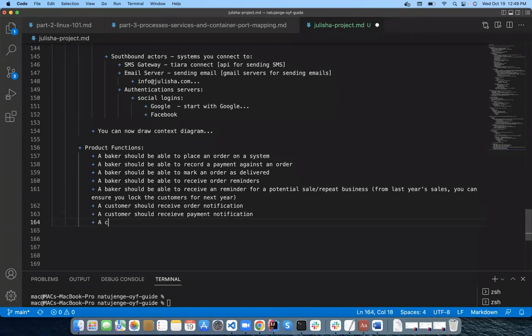And the customer should receive, what else? Customer should receive delivery notification. Is a thank you message and feedback link. Is that okay?